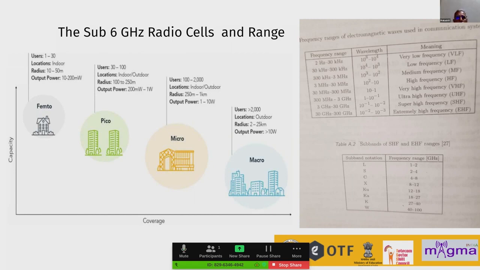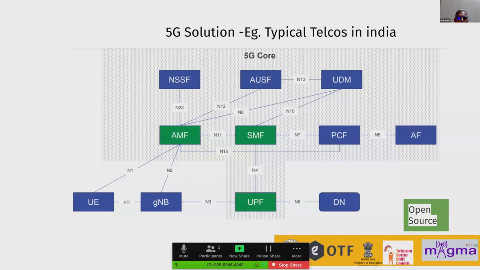Now going to the next one. You can see the typical telco in India obviously has an AMF, access management function, session management, and user plane function available to them through open source as well as through hardening what they have done in their own stacks.